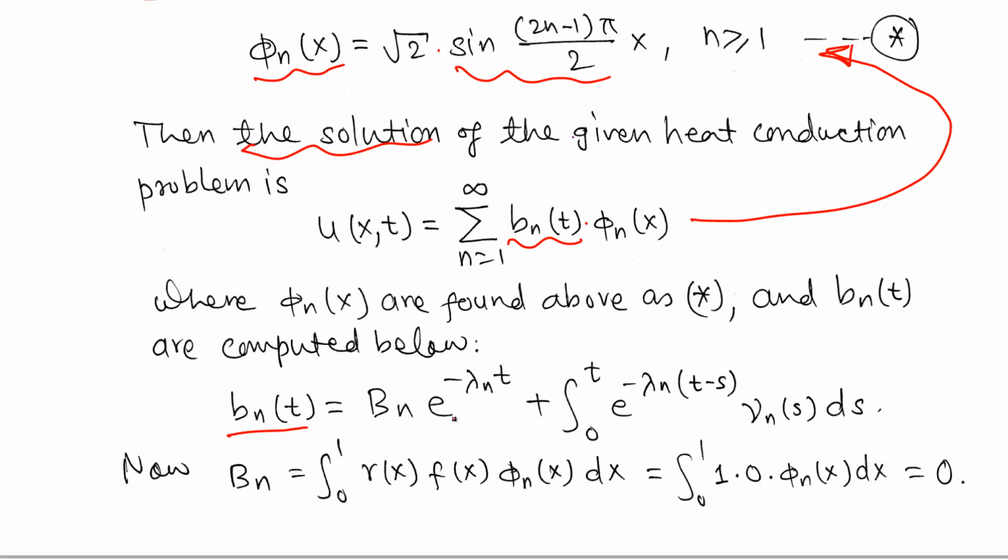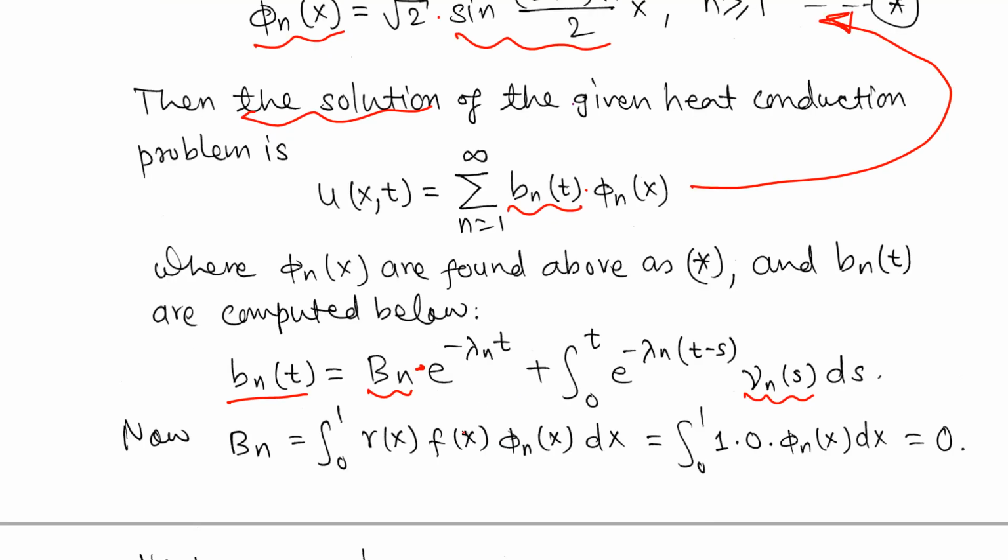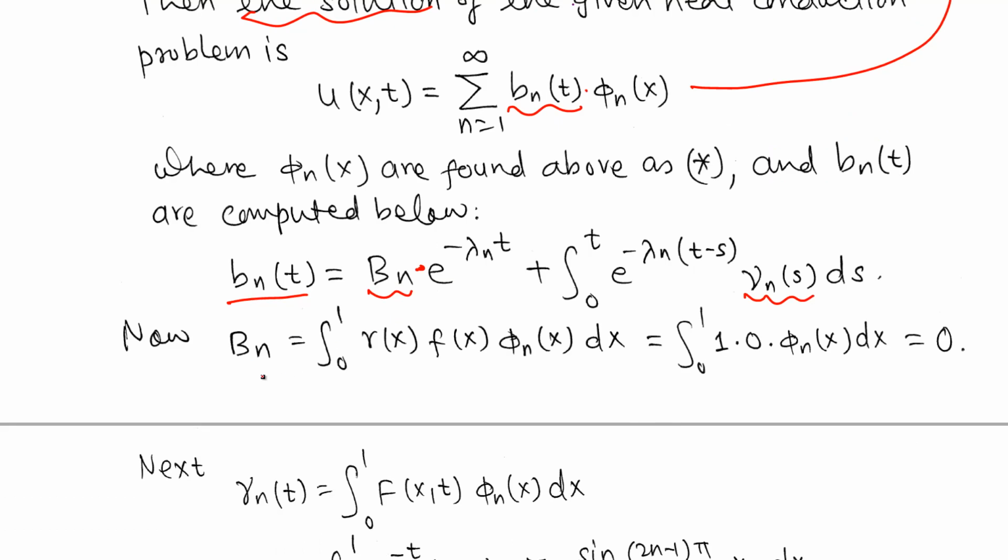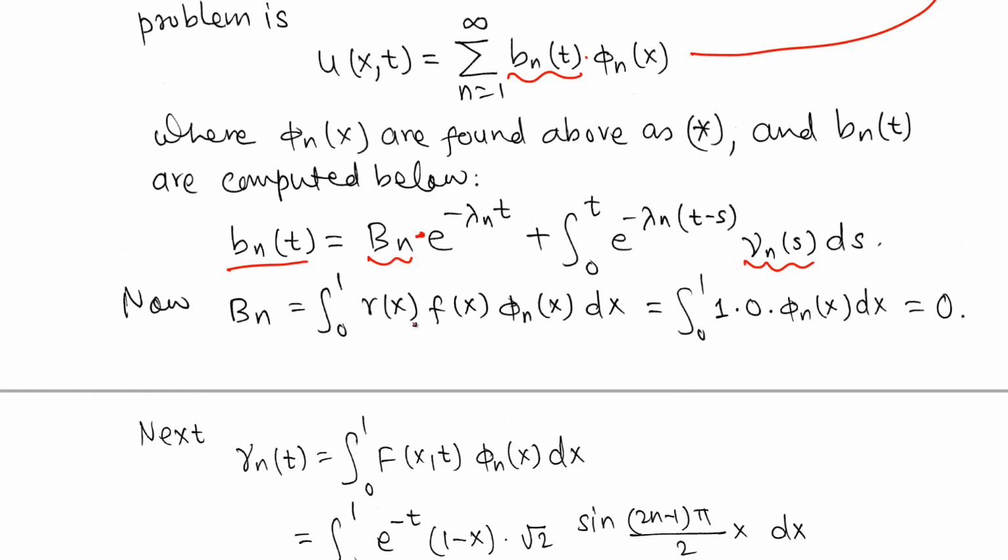The b_n(t) are given by this integral, by the formula that we derived in class: B_n times e raised to negative lambda_n t plus this integral. Now let's find B_n and nu_n, then we need to integrate. These lambda_n's are the eigenvalues we found earlier.